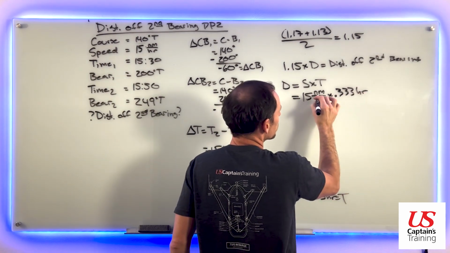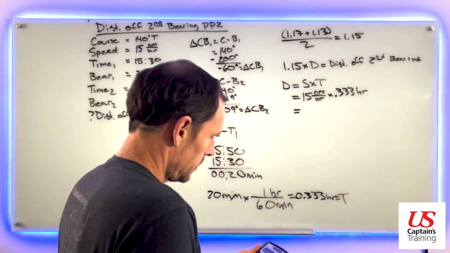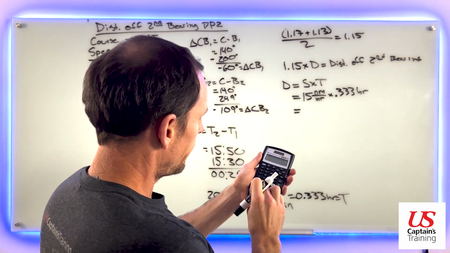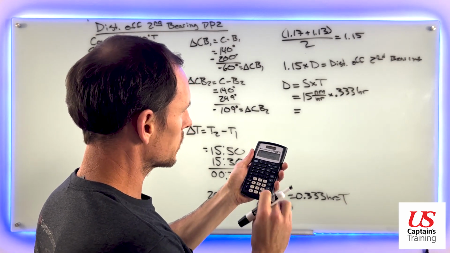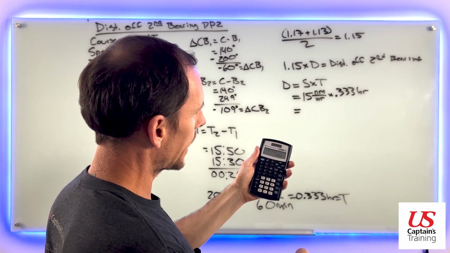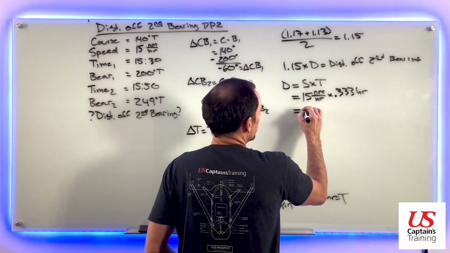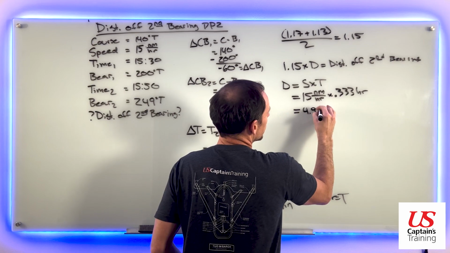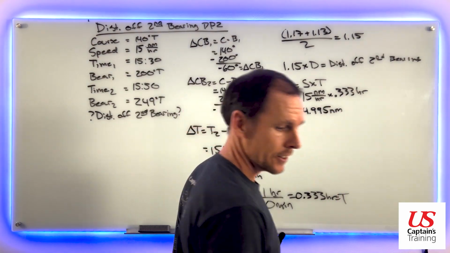Hours cancel, you're left with nautical miles, right? We're doing a distance. So 15 times 0.333 equals 4.995. Let's just leave it there. 4.995 nautical miles. Now we have our distance.